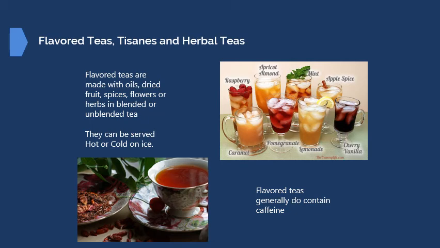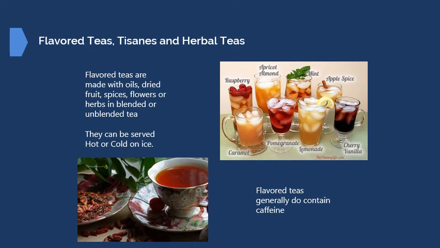Flavored teas, tisanes, and herbal teas are another category. Flavored teas are made with oils, dried fruits, spices, flowers, or herbs in blended or unblended tea. So the basis for this is going to be tea. It's made with the tea leaf and the flavorings combined with it. So this is essentially tea, but with flavoring.